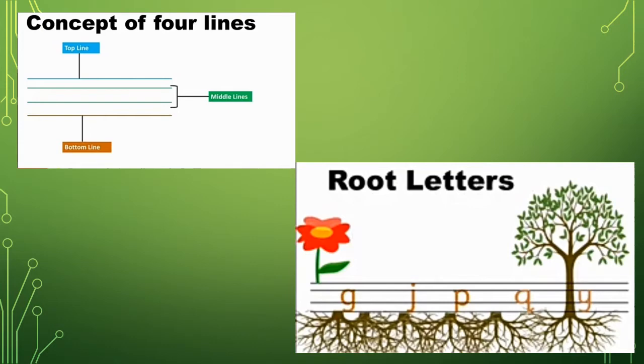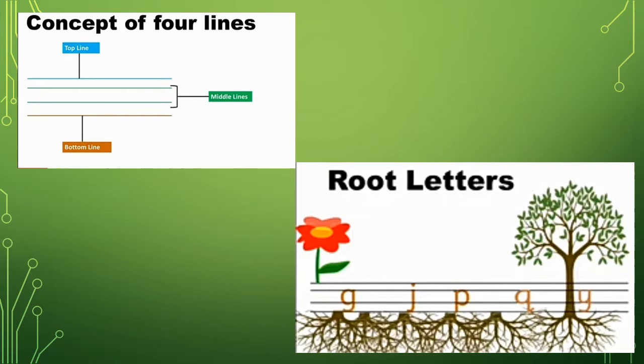Now I am going to tell you about the root letters. In the picture you can see that there is a tree, and the tree has leaves on it, and it has a stem, and roots are under the ground. There are small roots under the ground.